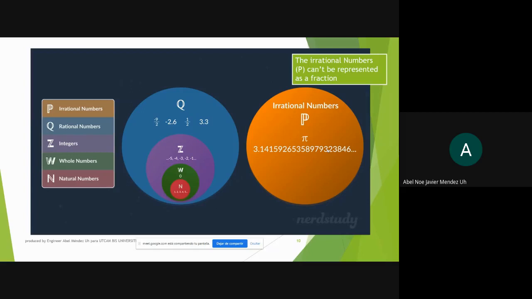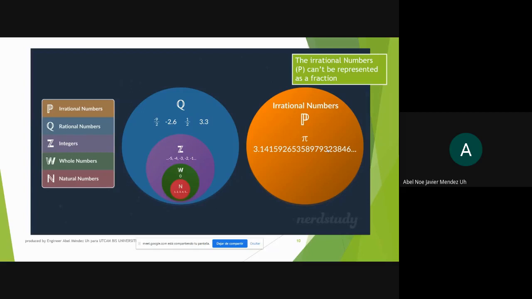Why can we not represent the irrational numbers as a fraction? Because our numbers are the biggest numbers, or larger numbers.